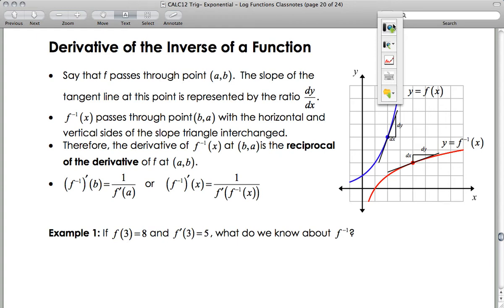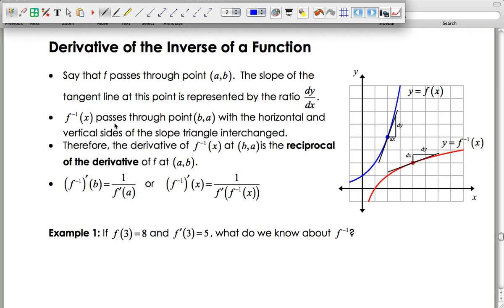Now, for example, say we have a function f of x, y equals f of x, that passes through the point a comma b. Let's say this is a and this is b. So we have our main function in blue that passes through the point a comma b.